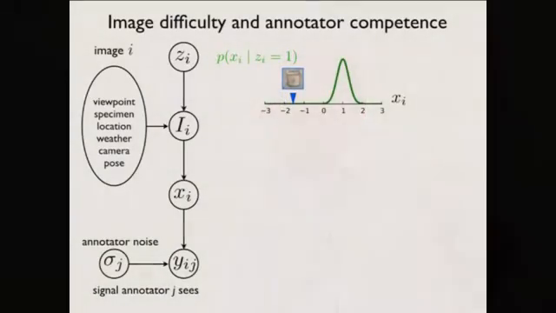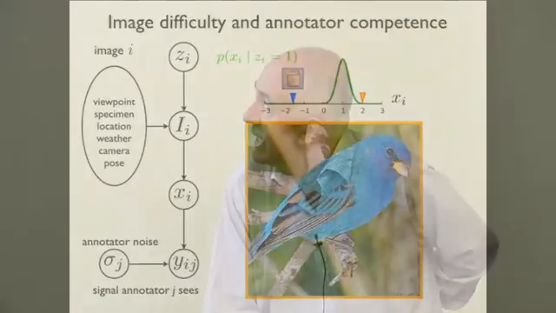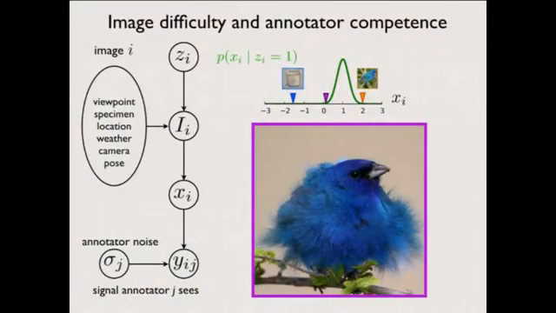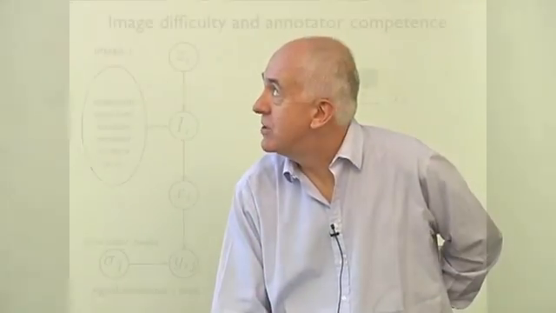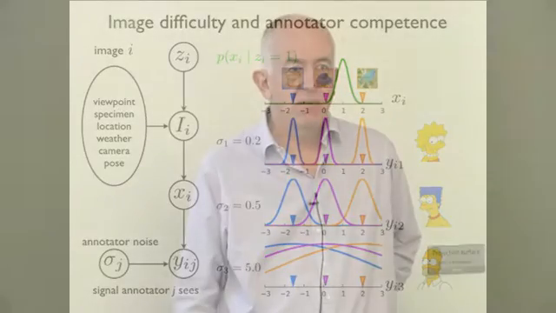Now, if you have a clear indigo bunting, then you would have a high value of xi. And if you have an ambiguous bird that nobody would be able to classify, it may be in the middle between the two distributions. And so the different annotators would have a different spread around those target values, if you wish.